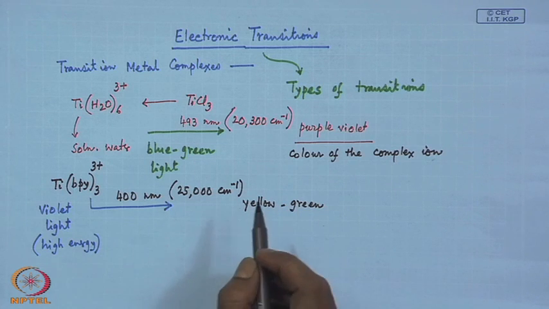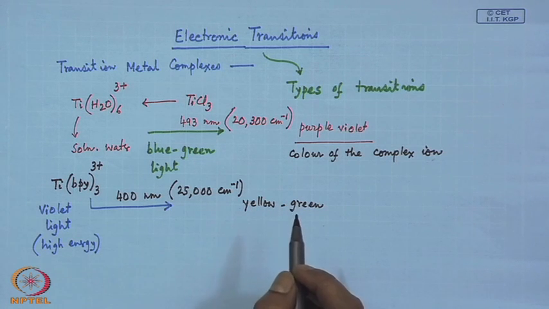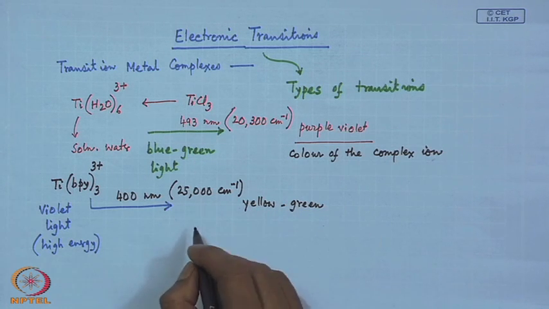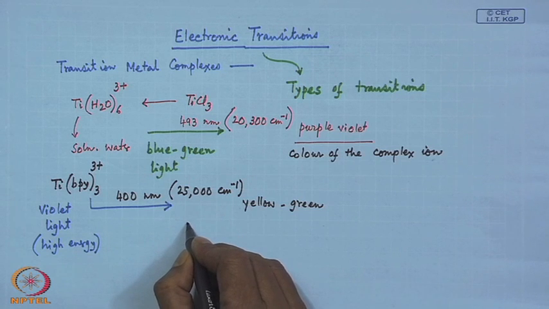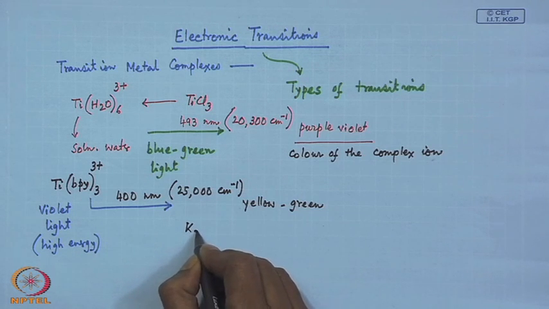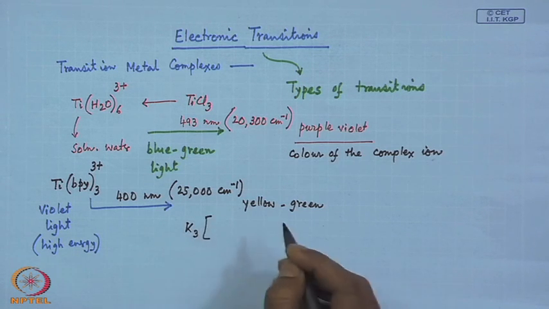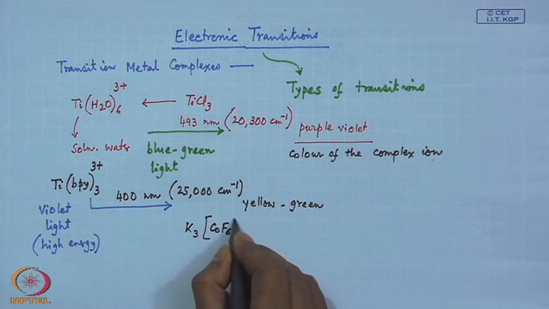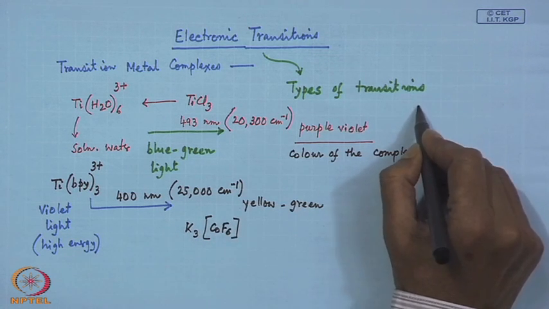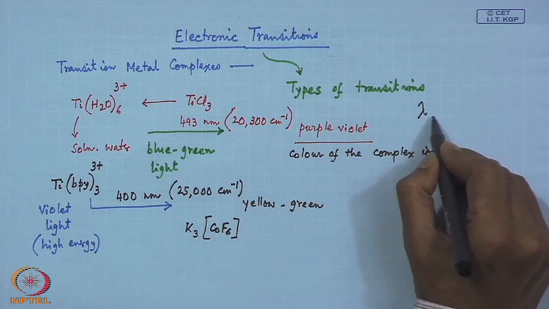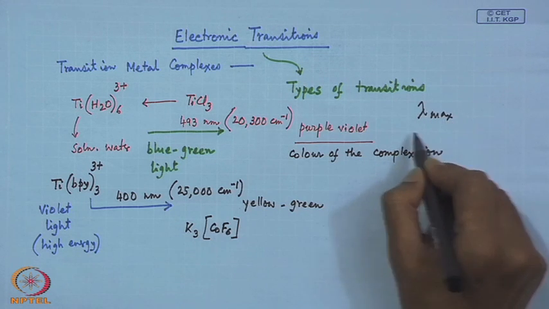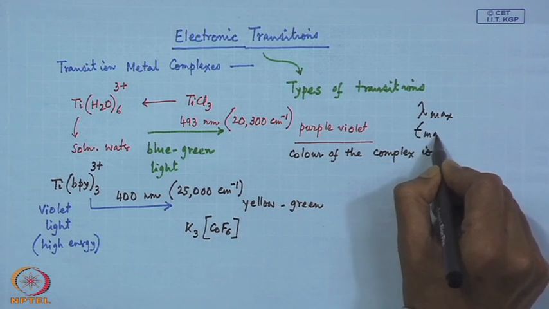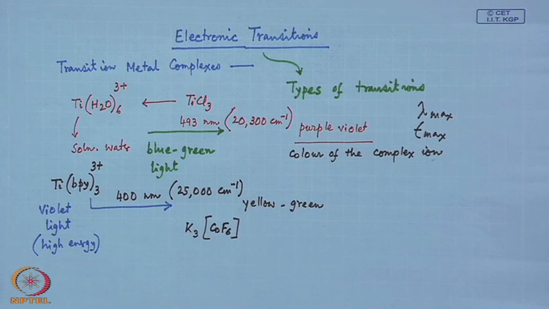So, for this particular species and other species like that cobalt compound, a large number of metal complexes we can handle by measuring the corresponding lambda max values and the epsilon max values.